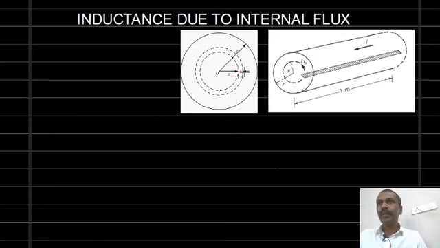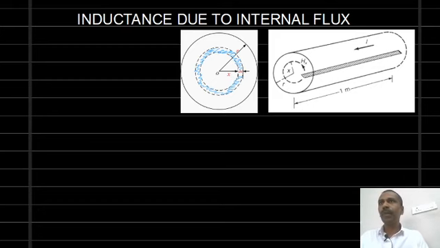So now we consider a small strip of thickness dx at a distance of x meter from the center, and this conductor has a radius of r meters. Now this is the strip we are considering. We will find out the flux linkage of this strip. Then we can integrate it from 0 to r, so we will get the total internal flux linkage.